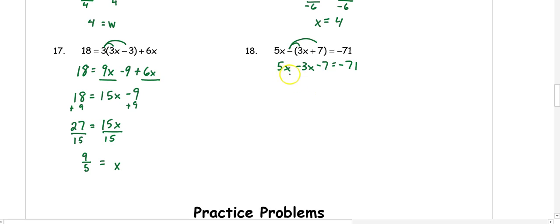We can combine our x terms together. So we get 2x minus 7 equals -71. Then to solve for x, the number that's being subtracted, 7, needs to be added to both sides. So 2x equals -64. And then we're going to divide by 2 on both sides. So x equals -32.